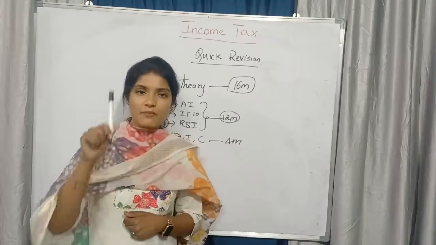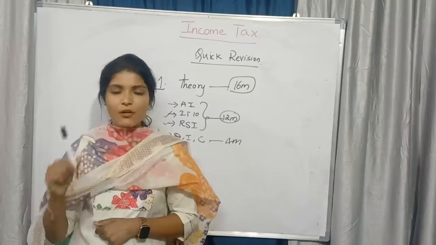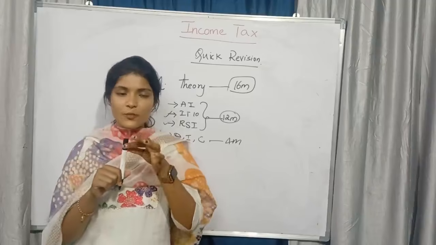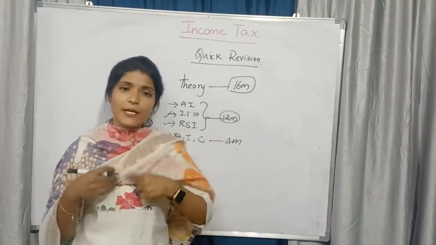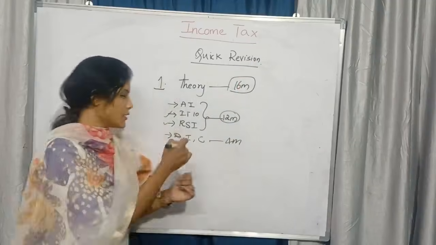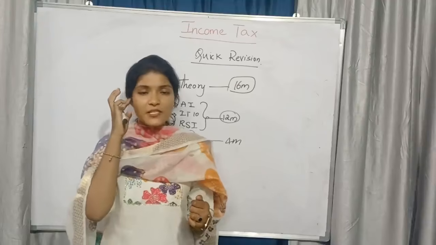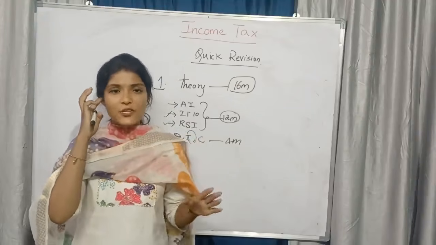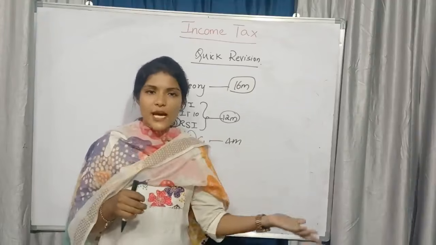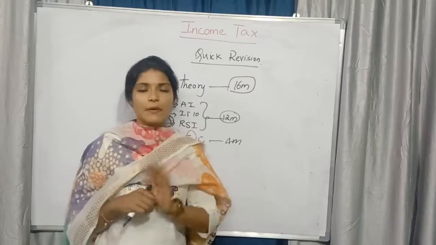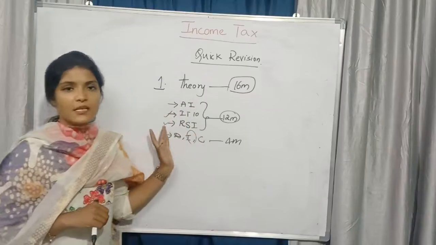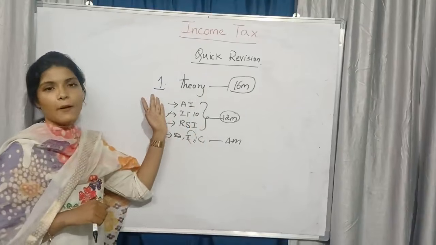If I am purchasing this marker at 10 rupees cost, GST is an extra 2 rupees. The 2 rupees goes to the government. Indirectly I am paying tax to the government. That is called indirect tax. Canons of taxation is about equality in taxation. If you earn more, pay more tax. If you earn less, pay less tax. So this is what you are learning from unit number 1.